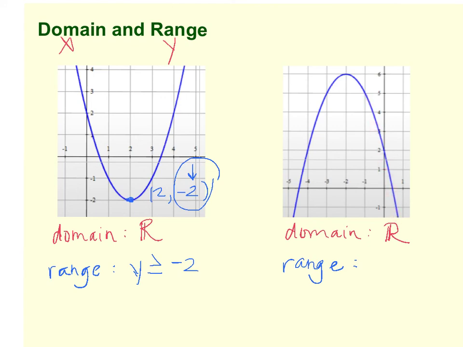See how everything goes down here? We don't have any graph up here above the 6. So what we say is that all of the y's, in this case, are less than or equal to that 6. Again, you can look at it with your vertex. That vertex is -2, 6, and there's that 6 that comes into play in our range down here.